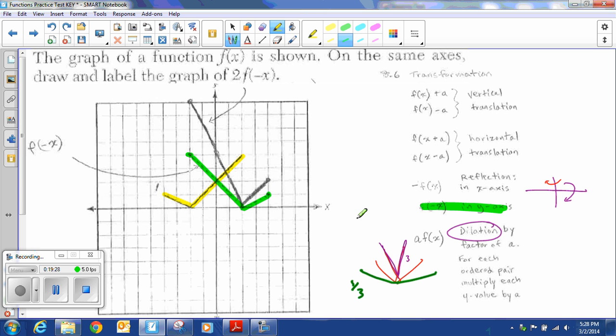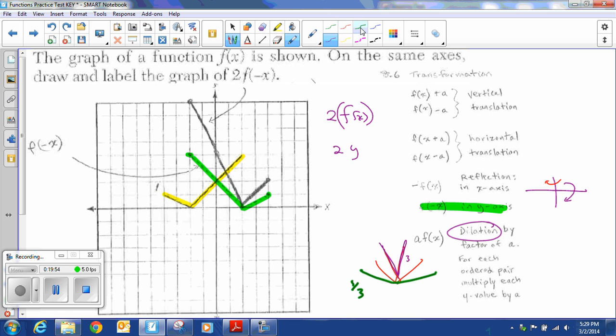And now all we have to do is double everything. Now when we double f of x, we're actually doubling the y values, right? 2 times f of x is really 2 times y. So every y value we see is going to be doubled. So this y value is 1, now it's 2.